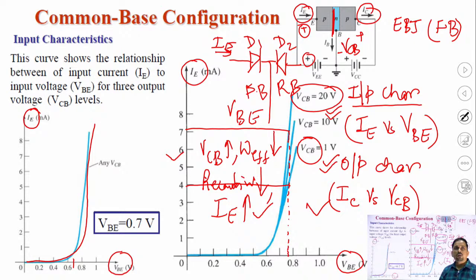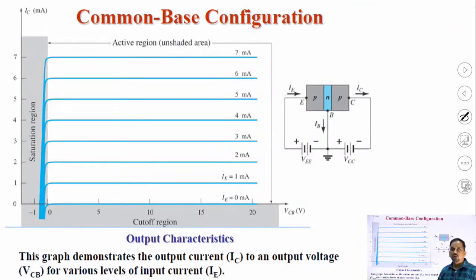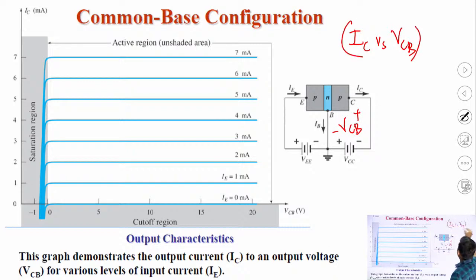Now we will see the output characteristics. We are aware that the output characteristics will be between IC versus VCB, for different values of IE, the input current. So here we can write that IC is equal to alpha IE, we'll see what alpha is here, plus ICO.